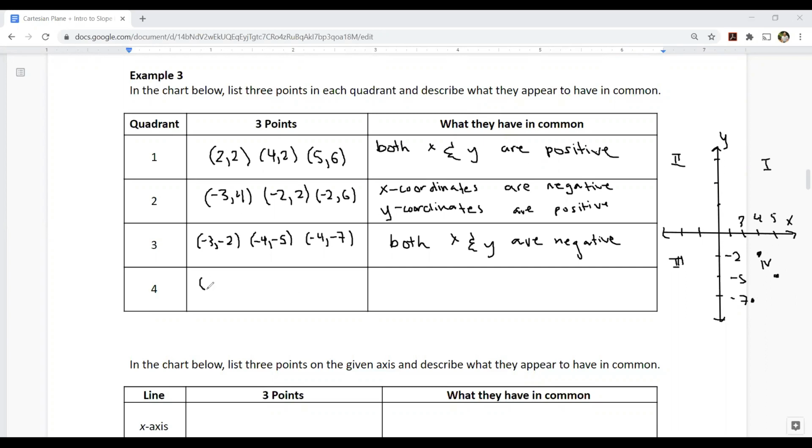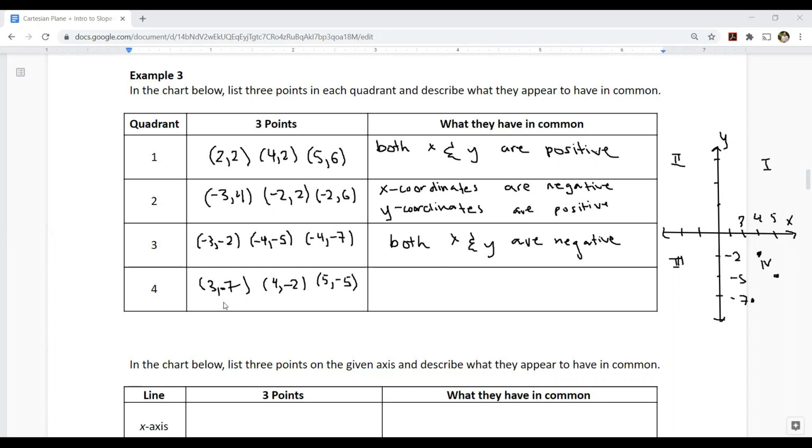That means we have 3, comma negative 7. 4, let me just fix that. 4, comma negative 2. And 5, comma negative 5.